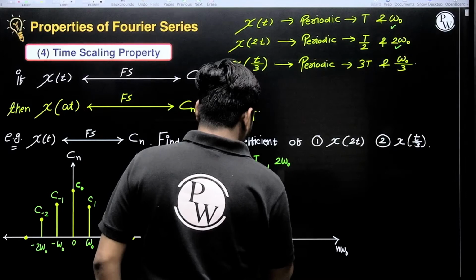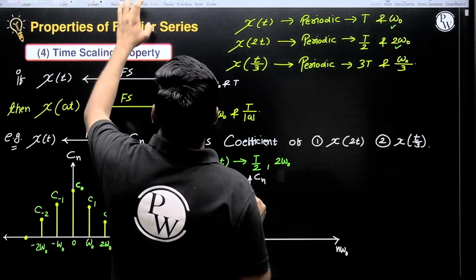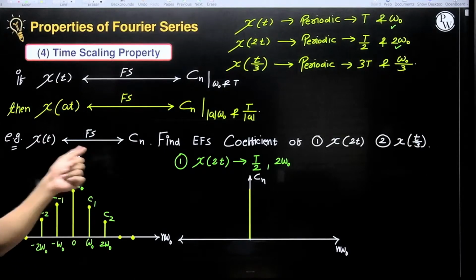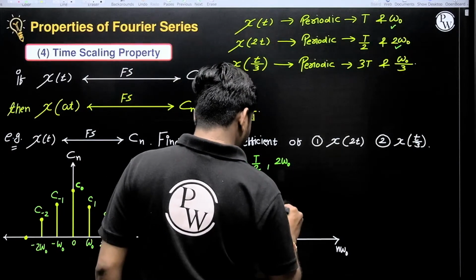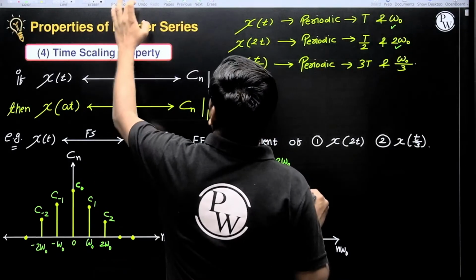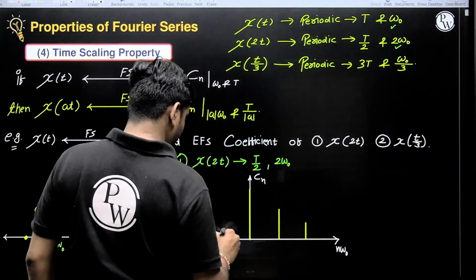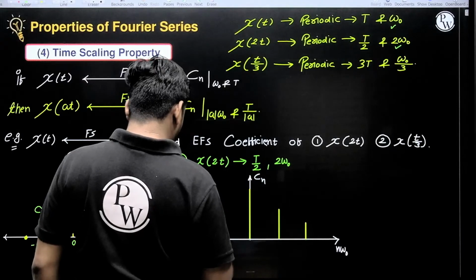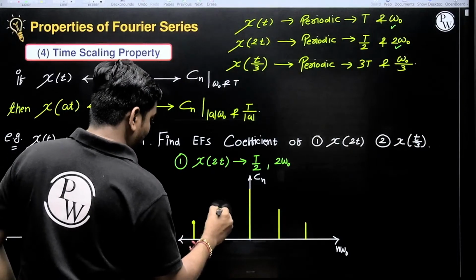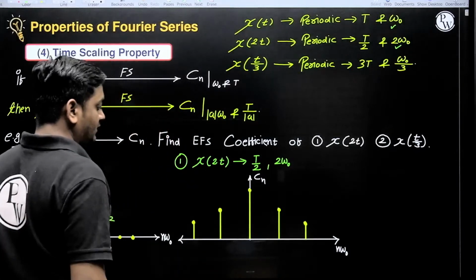The Cn remains the same, the origin remains the same, C0 remains C0, but this omega 0 will now be at 2 omega 0, and this 2 omega 0 will be at 4 omega 0, because you are replacing omega 0 with 2 omega 0 everywhere.